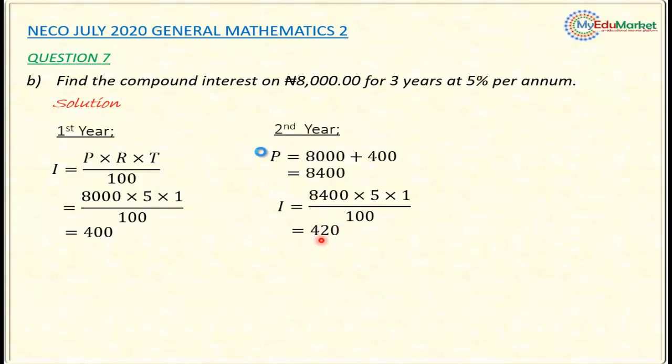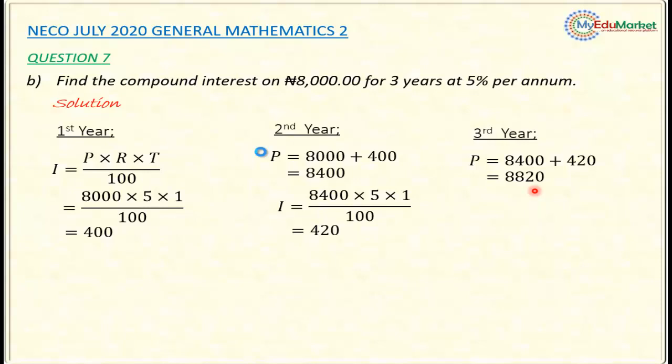I will move to the third year. So third year ending, and the principal will now also change, will now be equal to amount at the beginning of second year plus the interest earned at the end of that second year. So that is going to be 8,400 plus 420, and this is going to be 8,820 naira.